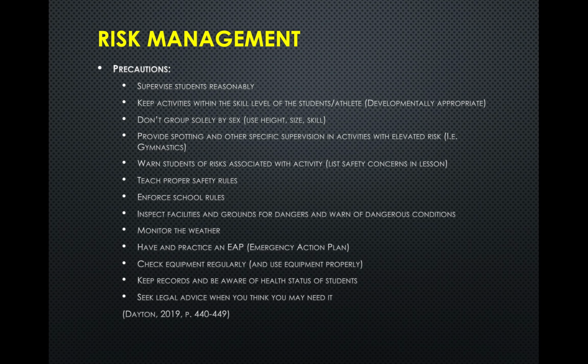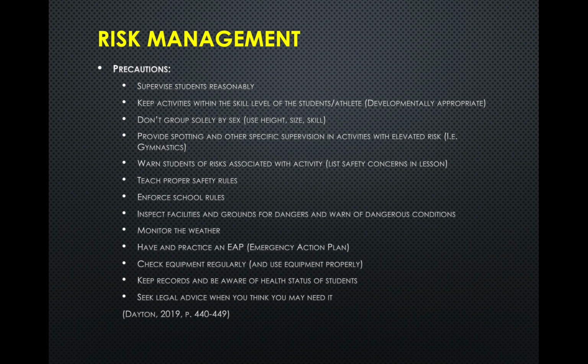Make sure, especially in physical education, that you check the equipment regularly. If you have faulty equipment, say you have a 7-iron and you're teaching the kids how to hit the shot. Well, one of the irons is really loose, and the student hits the ground, and that loose iron, because it was damaged and you didn't replace it, causes a part of the club to ricochet off the ground and hit another student, causing injury.